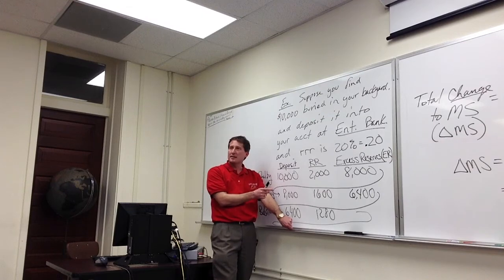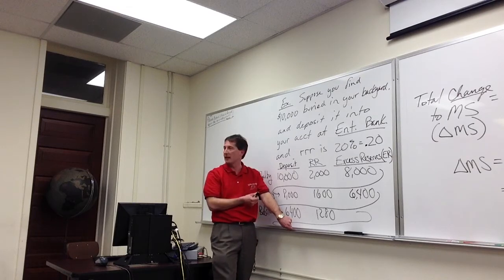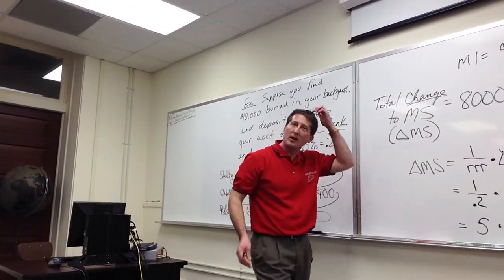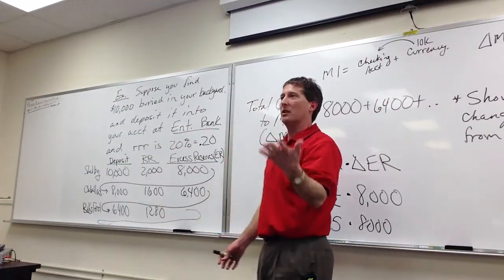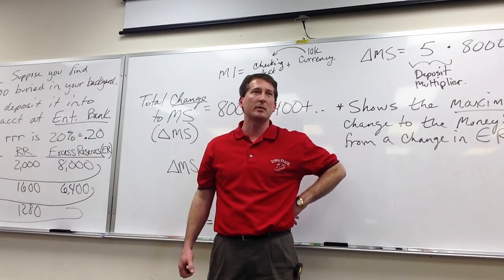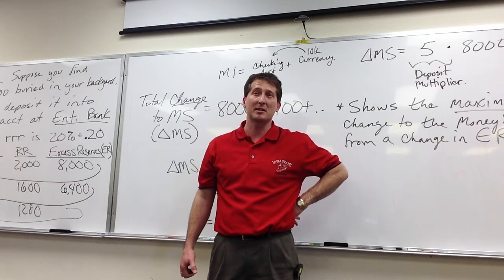What would cause that multiplying process to be smaller, to get actually a smaller change? That's why I wanted to emphasize the word maximum. What in this chain of events that I took the time to walk you through, what could happen that would cause the change in the money supply to be smaller? And in fact, we'd expect it to be smaller.